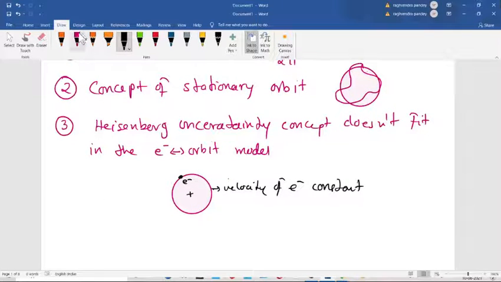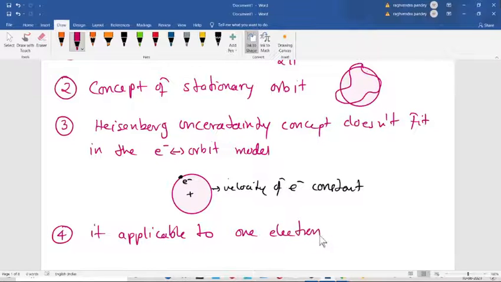Fourth important point is that it is applicable to one electron system only.